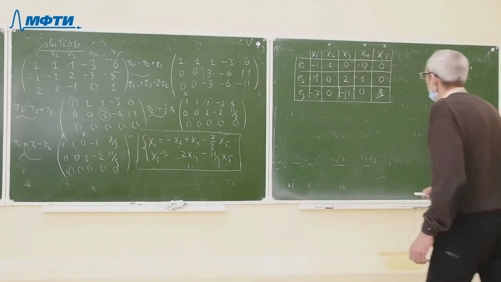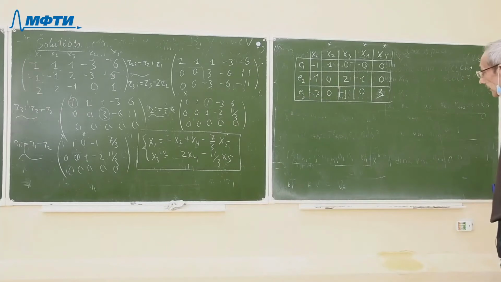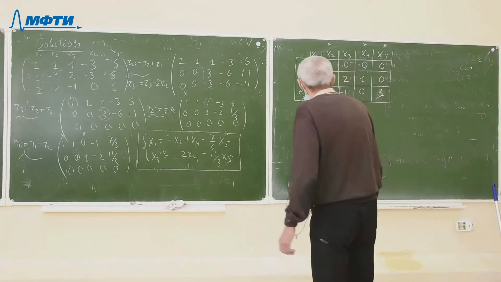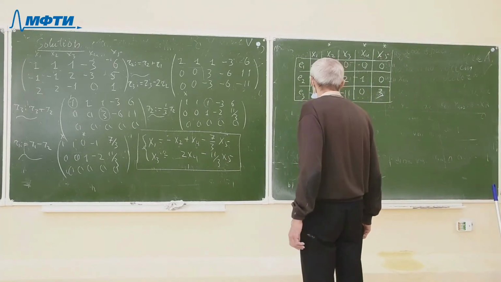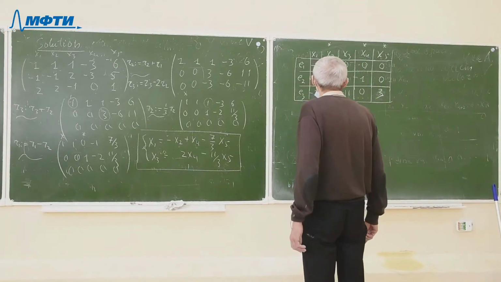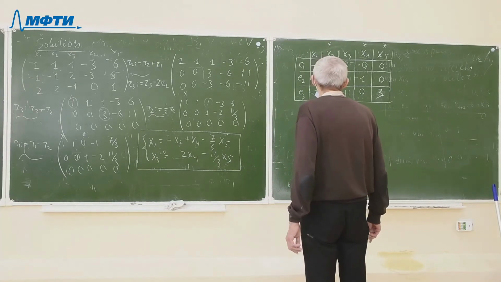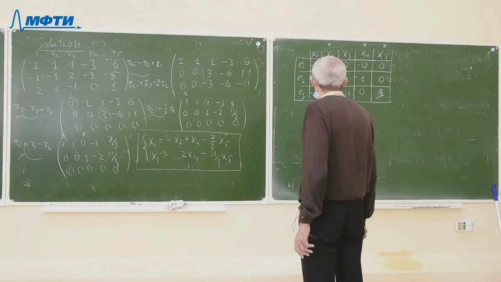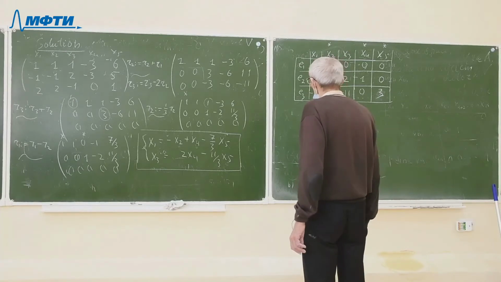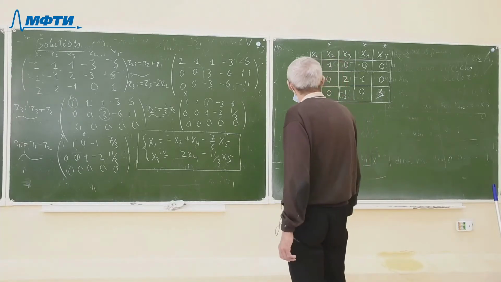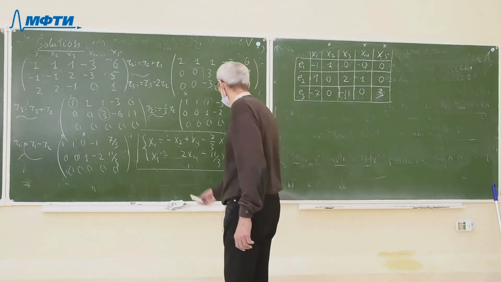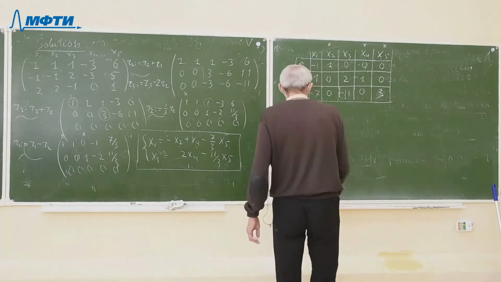And I obtain three vectors. And I assert that any linear combination of these vectors is a solution of this system.